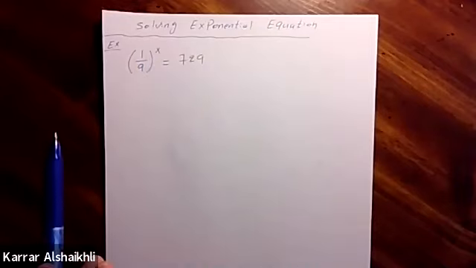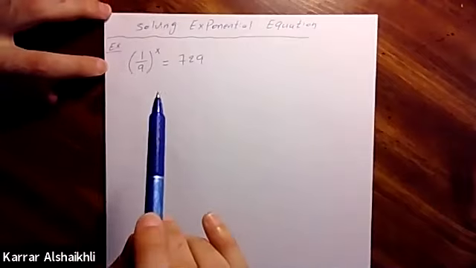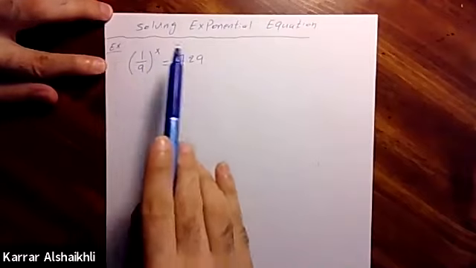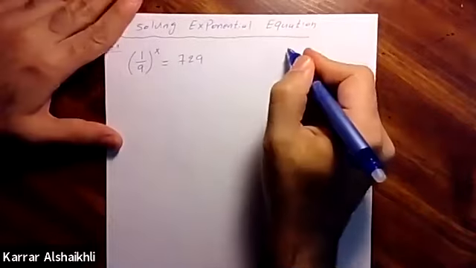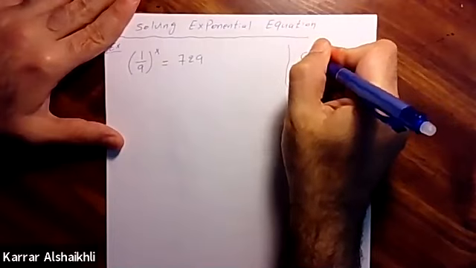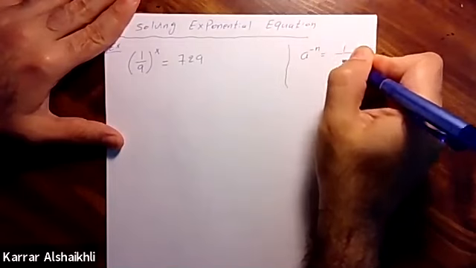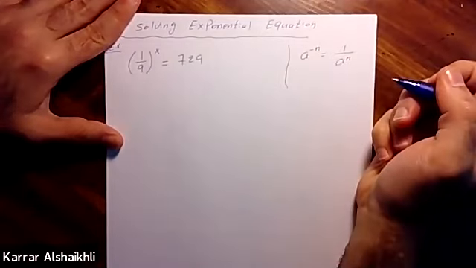So the first thing I'm going to do is use the rules of exponents. One of the rules of exponents says if you have a number with negative exponents, it is going to be 1 over the number with positive exponents.